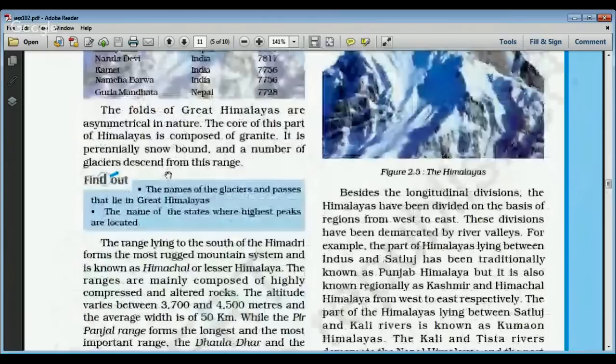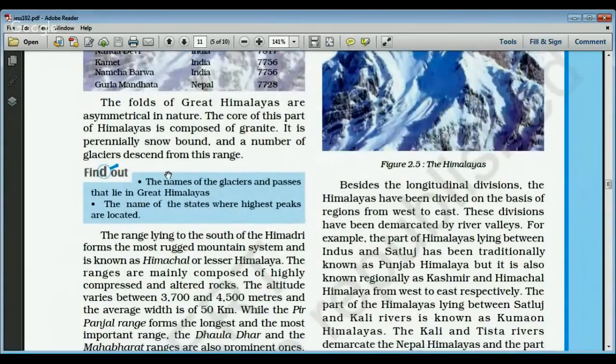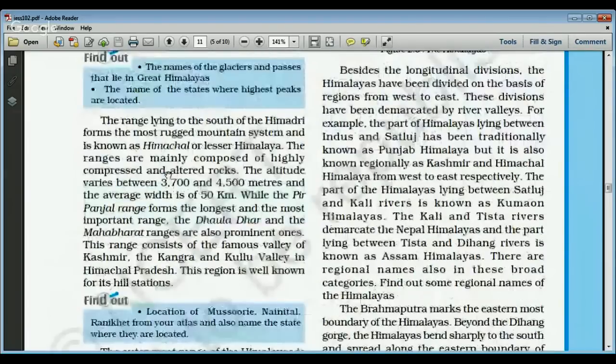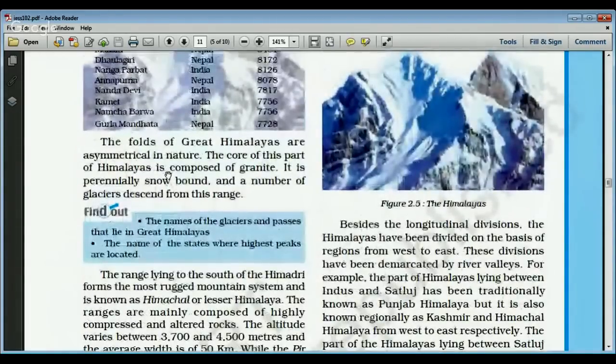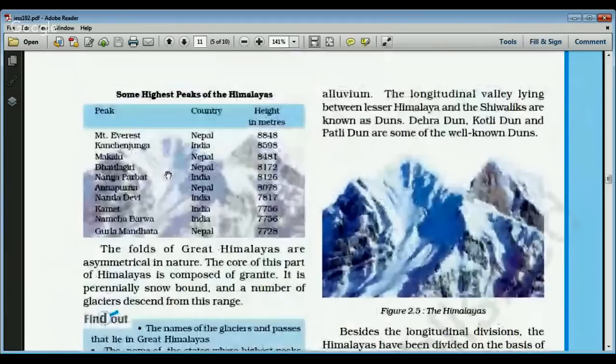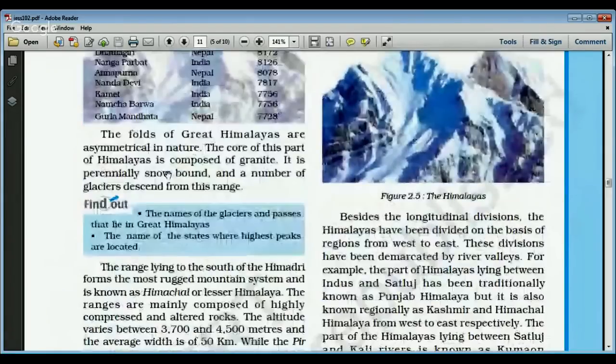So the Great Himalayas are famous for the various types of glaciers present there, and the Middle Himalaya, or the Himachal or Lesser Himalaya, is famous for its hill stations. The altitude of the Greater Himalaya was around 6,000 meters, and the width was around 150 kilometers.